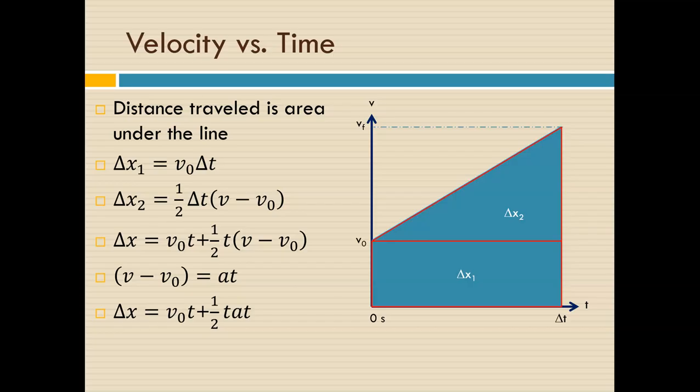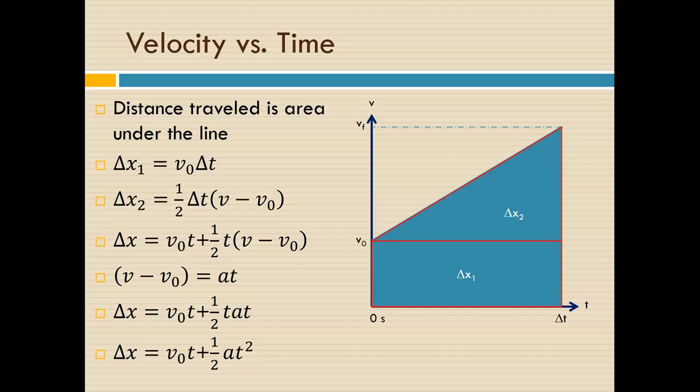I can simplify that one a little bit, can't I? Yes, I can. All I got to do is multiply the t's together, and I get the expression delta x equals v0t plus 1/2 at squared. Now, I know a batch of you memorized that equation. But now you know where it came from. Now you see where it comes from.